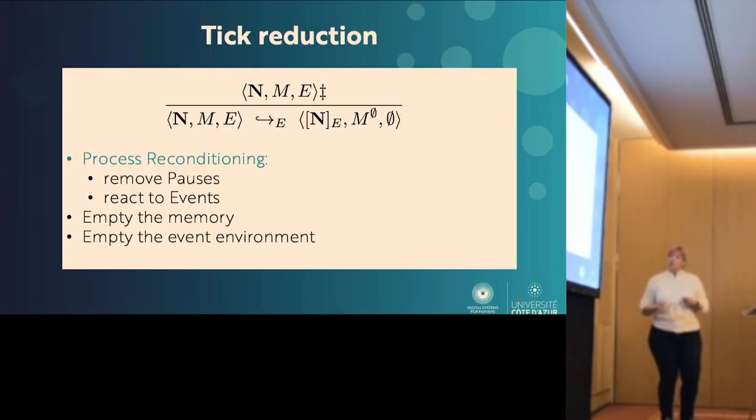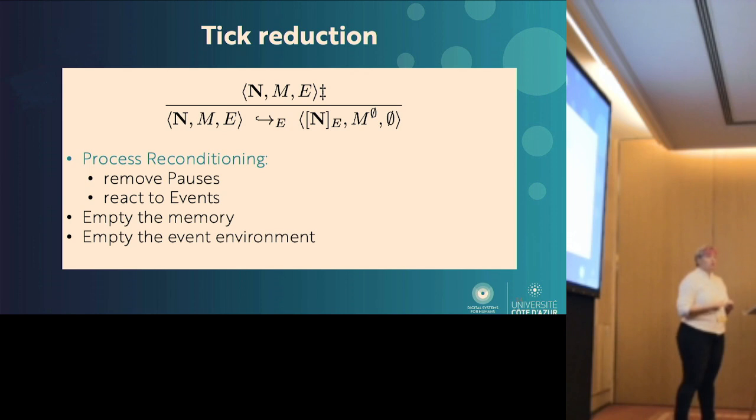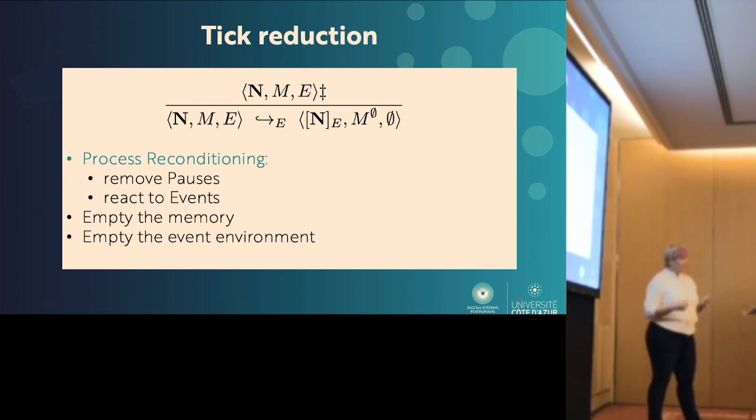So what happens when we move to the next instant? First of all, we empty the memory, so that we prepare for the next instant and for the new messages that can be broadcast. We also empty the event environment, so we will receive new events and we can react to new signals. And concerning the network, first of all, we remove all the pauses, and then we react to events.